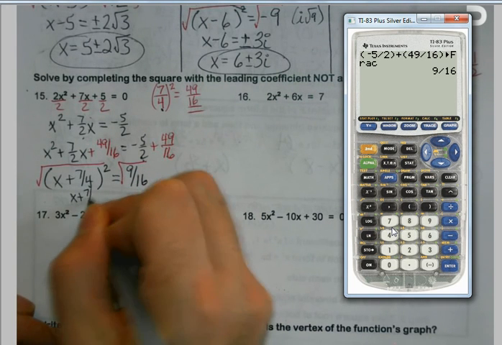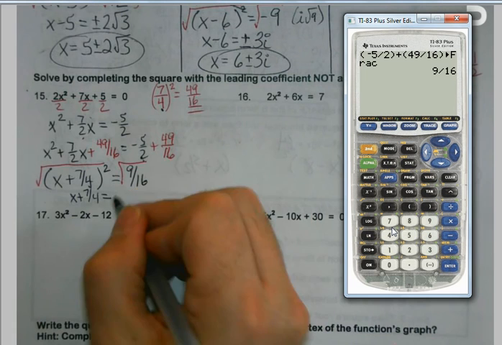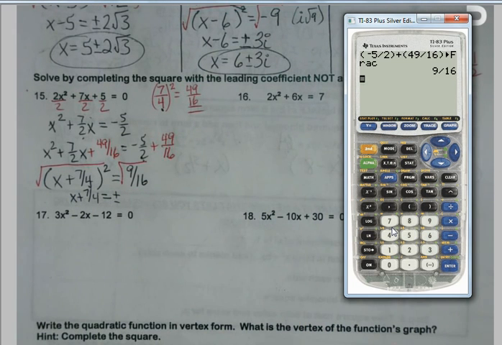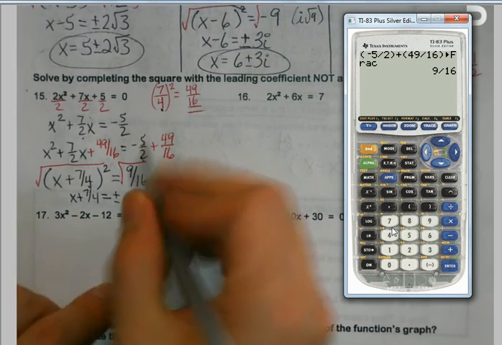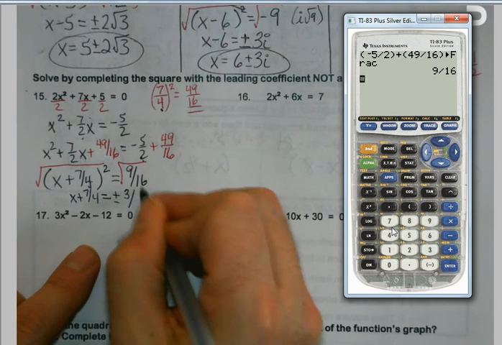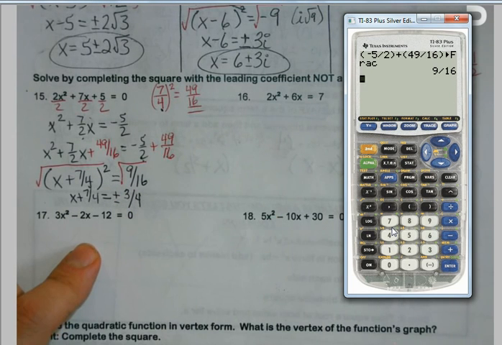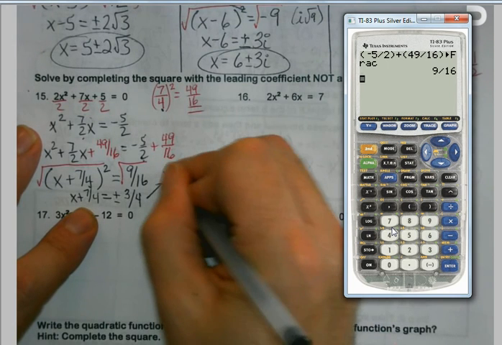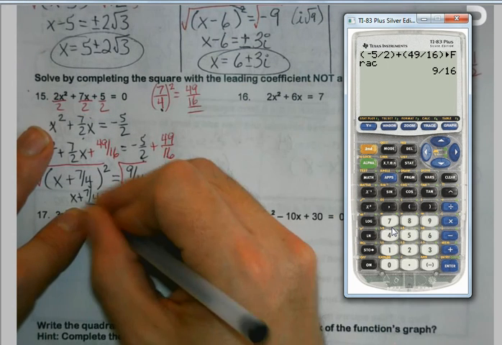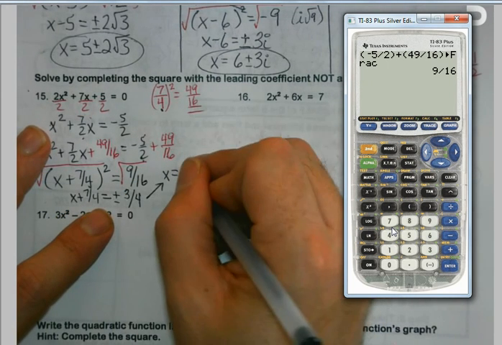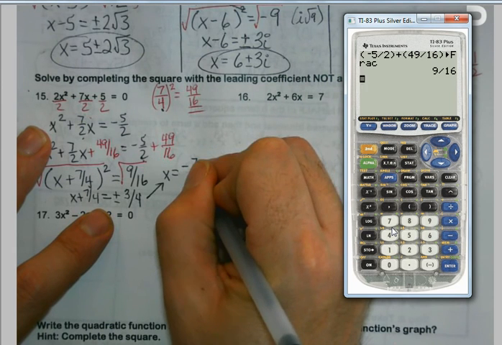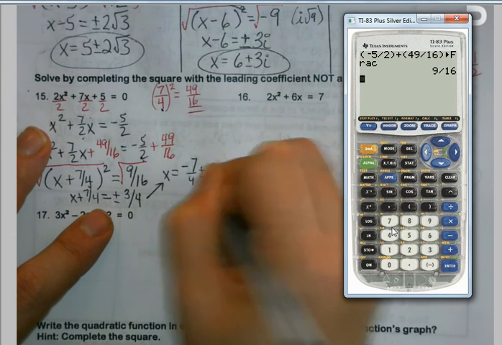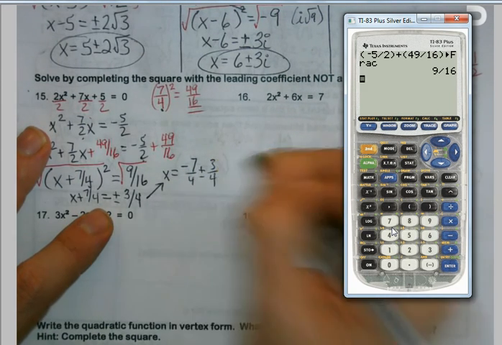x plus 7/4 equals plus minus, you take the square root of each number instead of trying to take it for the whole thing. The square root of 9 is 3. The square root of 16 is 4. And basically what I can do when I subtract the 7/4 over is I have -7/4 plus or minus 3/4.